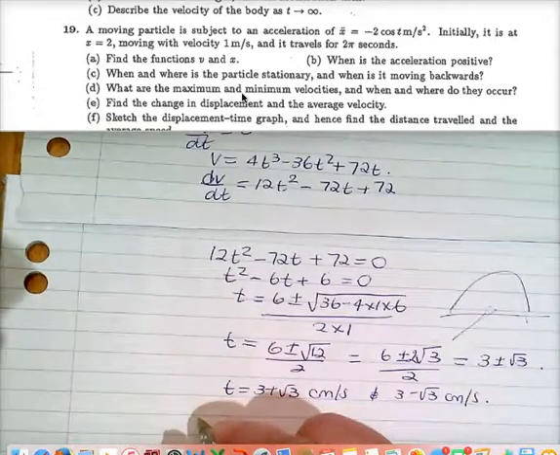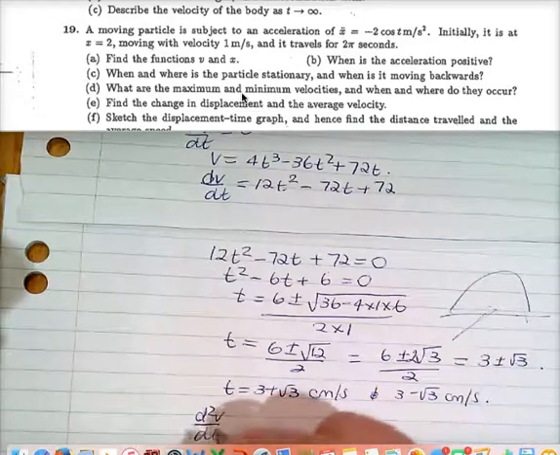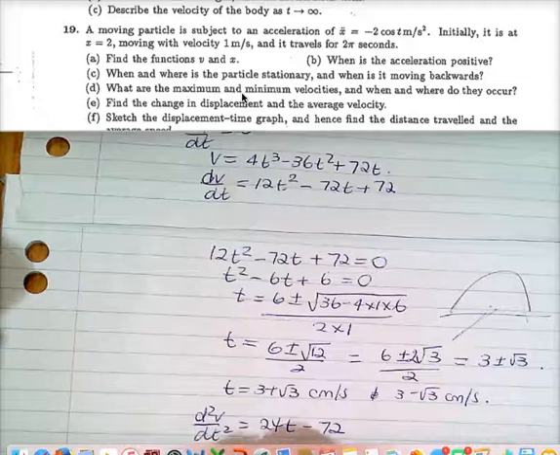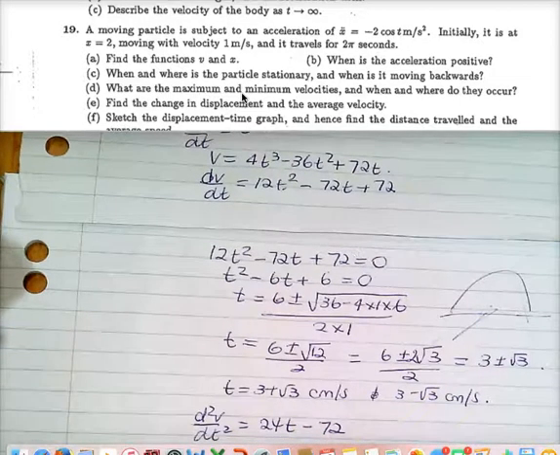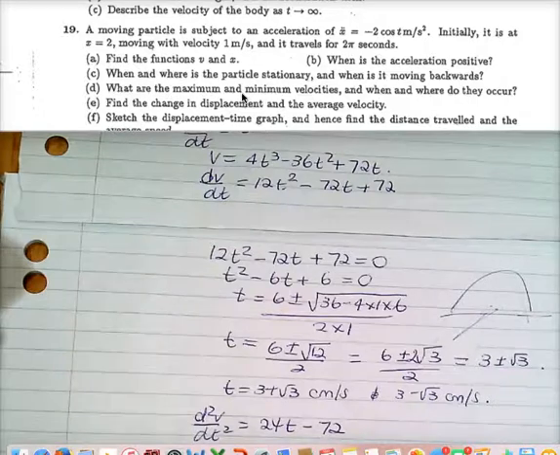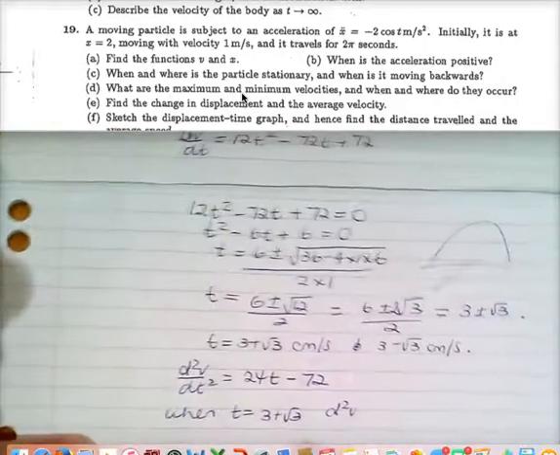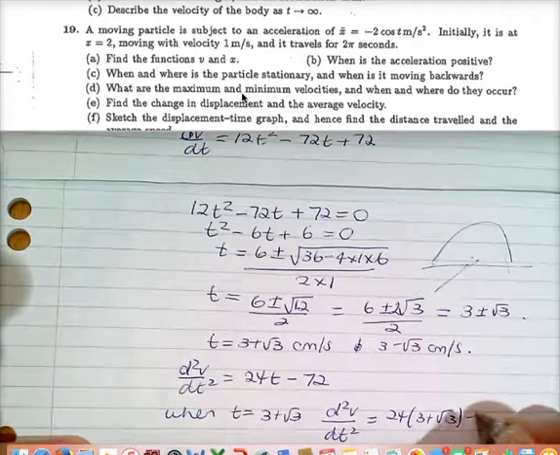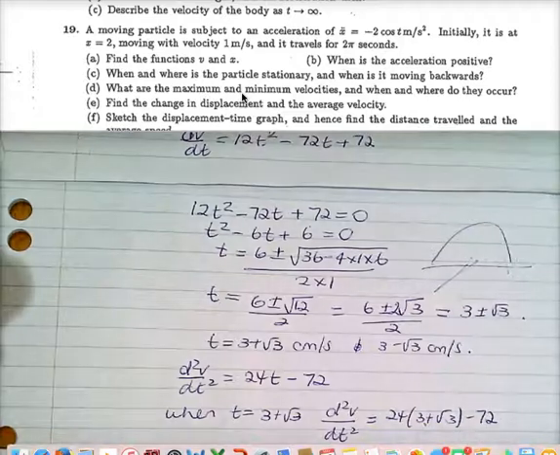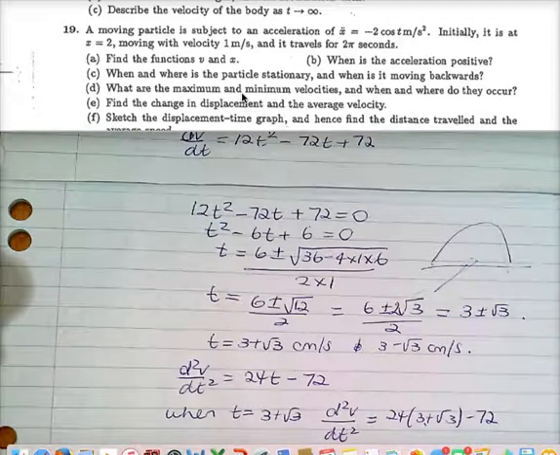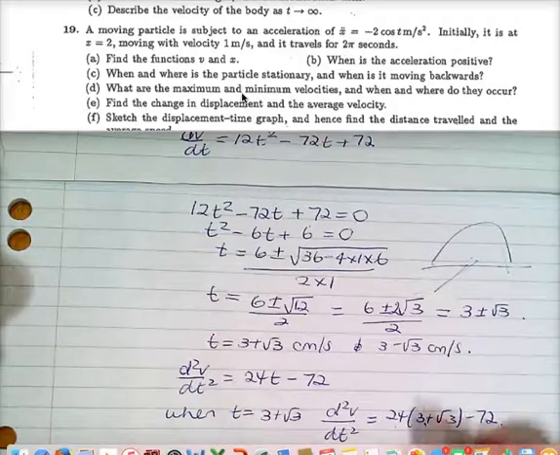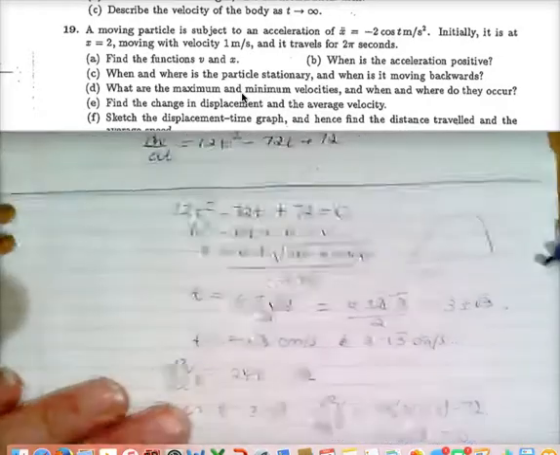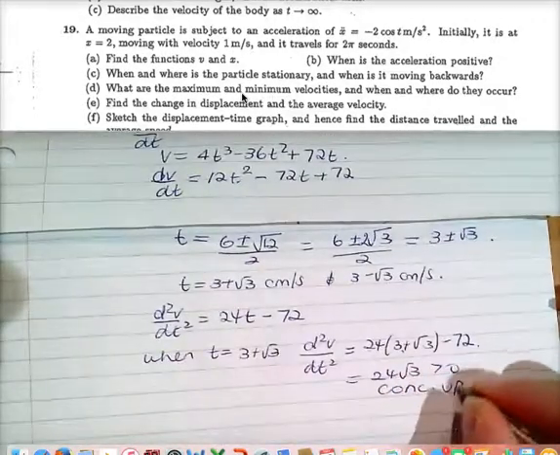So let's do the second derivative. The second derivative is 24t minus 72. And when t is 3 plus root 3, the second derivative is 24 times 3 plus root 3 minus 72, which is 24 times 3, that's 72 minus 72, which is 0, plus 24 root 3, greater than 0, concave up.